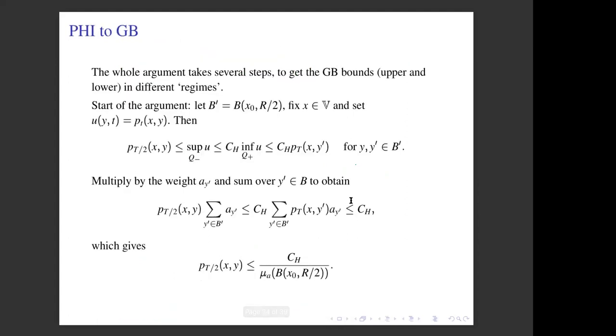Okay. So now from this, somehow you will get a Gaussian bound. Is it p_t(x,y)? Okay, so I didn't at all explain how one gets the Gaussian bound. Essentially, one does a sort of iteration argument.